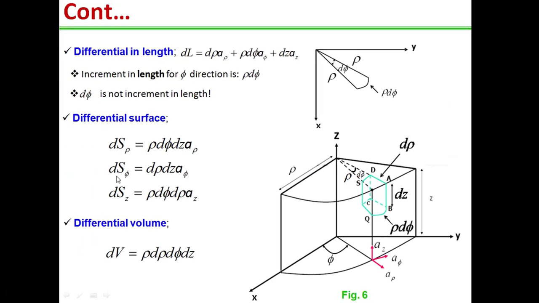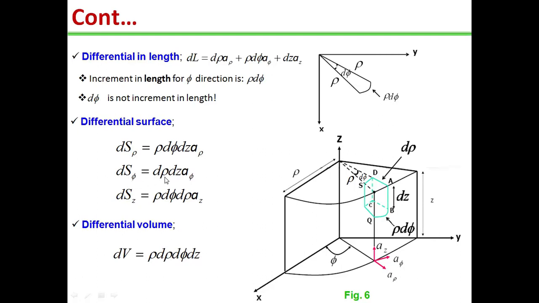So along the phi direction, the differential surface can be written as d rho dz a phi. D rho is the differential length along the rho direction and dz is the differential length along the z direction, that is basically the differential height of the cylinder, and a phi is the unit vector in the phi direction.